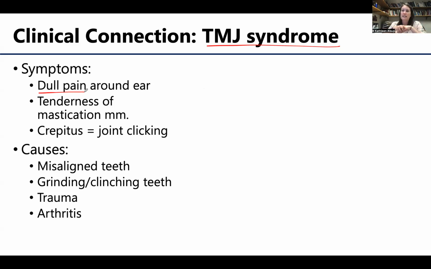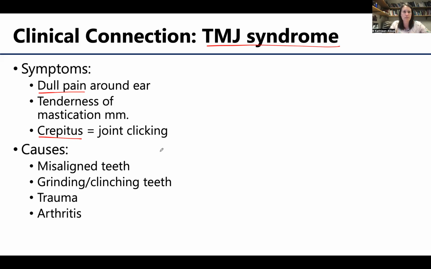There can also be tenderness associated with the muscles of mastication, or those chewing muscles. And then it can also involve crepitus or joint clicking. So if you ever hear that fairly distinct type of clicking that can occur sometimes when you open up your mouth, that is a sign. Generally, it might not be that big of an issue, but if it involves pain as well, then that's something more serious.